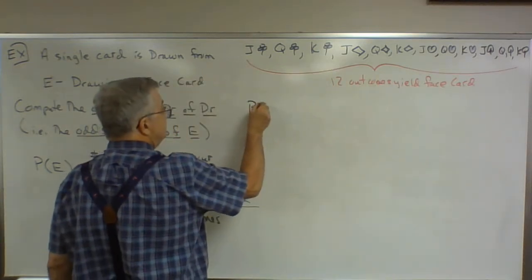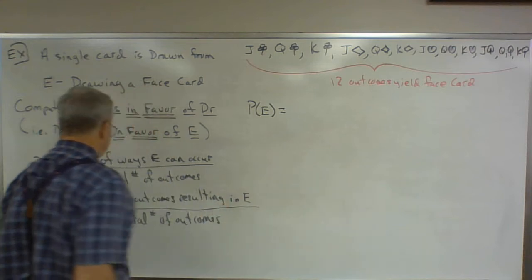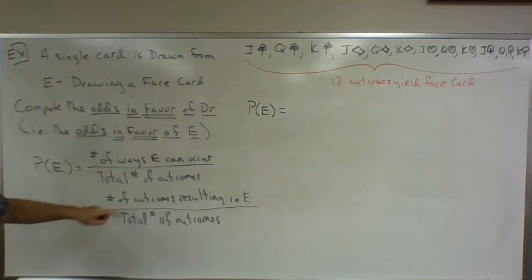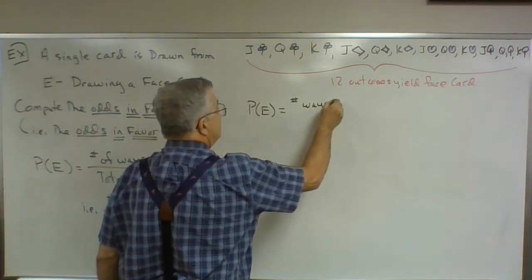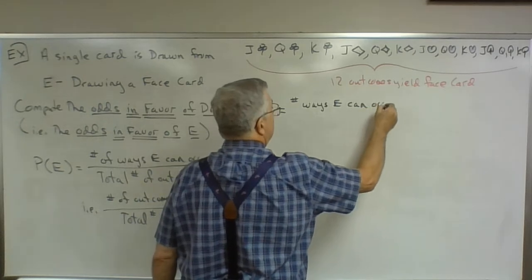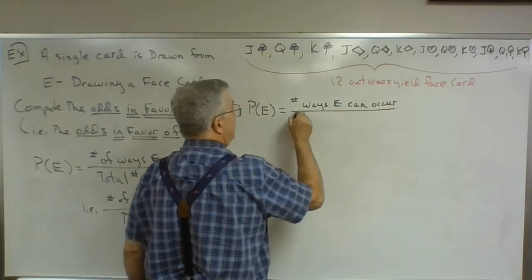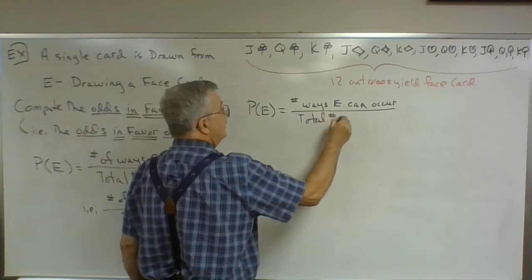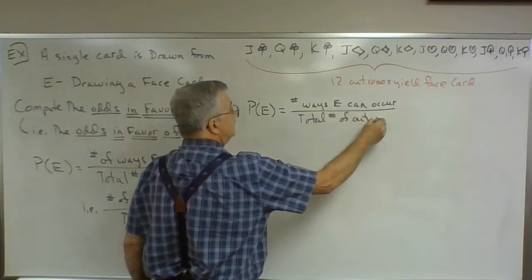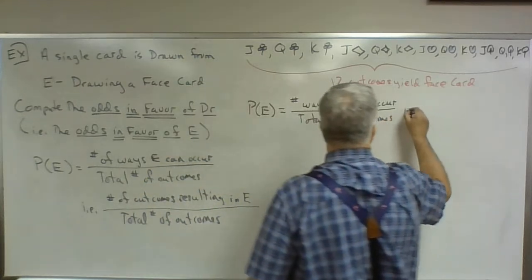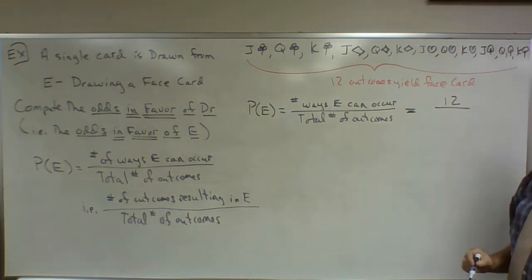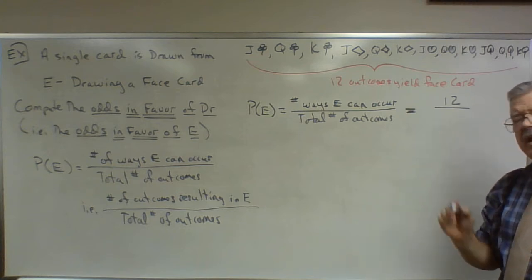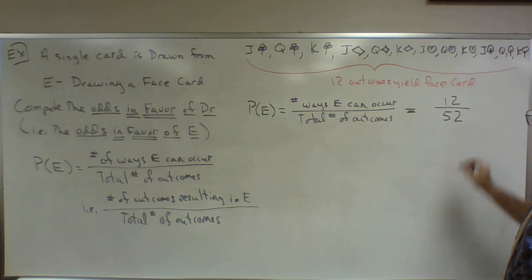The probability of E, getting a face card, is the number of ways E can occur, or the number of outcomes resulting in E, over the total number of outcomes. And how many outcomes total are there? There are 52 cards in the deck. Each one of those is equally likely.